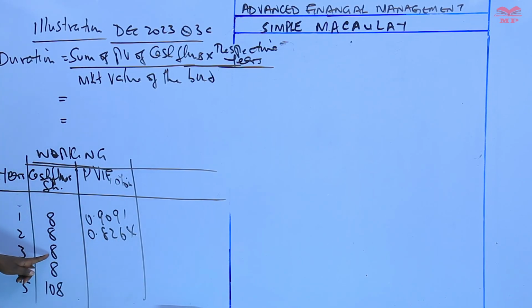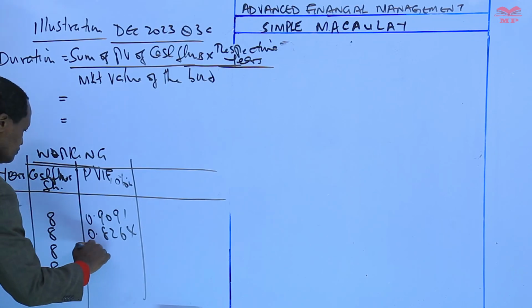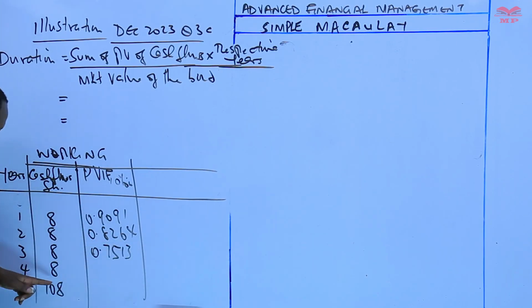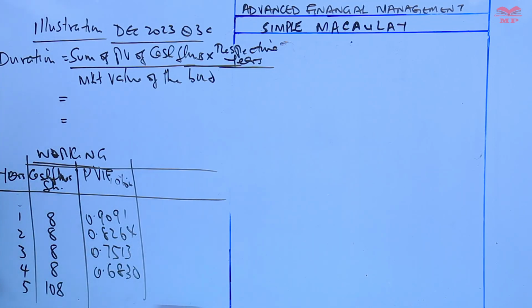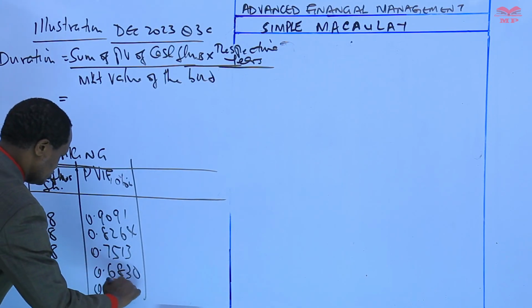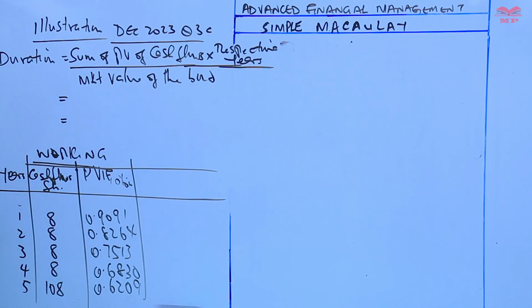From the table again, we have 0.7513 for year 3. The 4th year is 0.6830. The present value interest factor for the 5th year is 0.6209. So these are the present value interest factors, which you are going to multiply with the cash flows to get the present values.